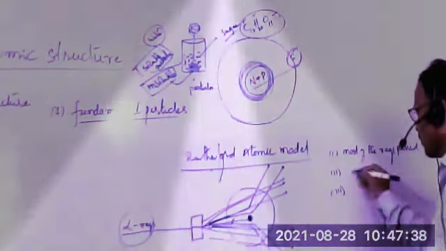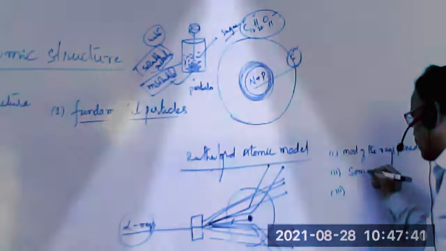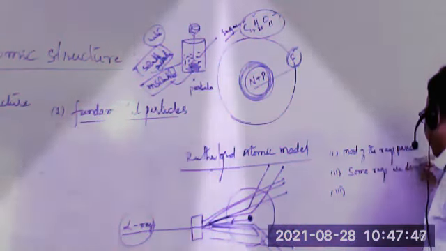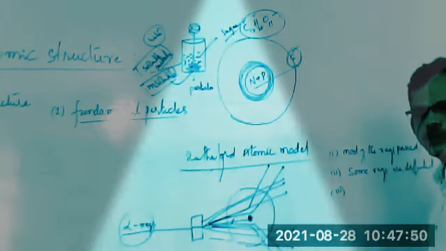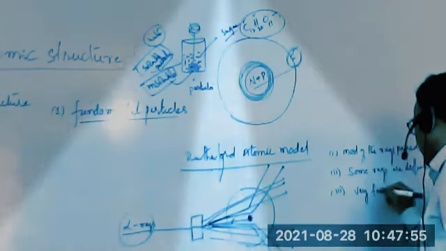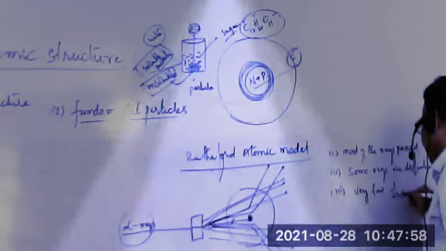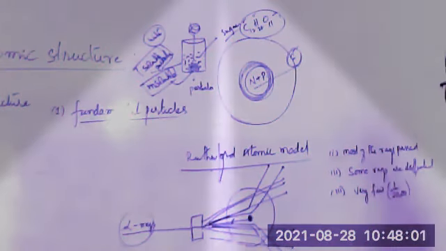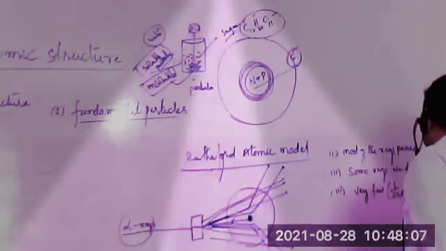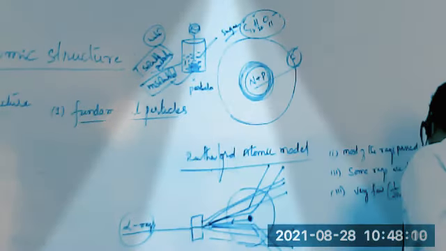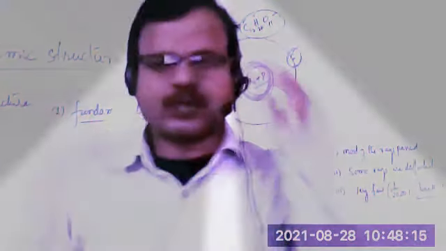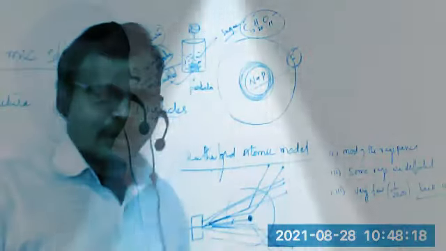Second: some rays are deflected. And very few, 1 in 20,000: out of 20,000, only one ray bounces back at 180 degrees. These are the observations of the Rutherford atomic model.